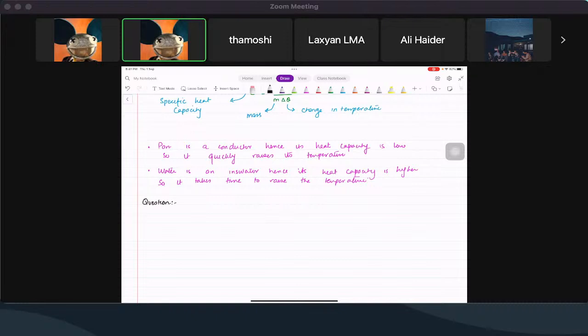Let's suppose they say water of 2 kg mass is being heated through a heater of power 2000 watt for 5 minutes.